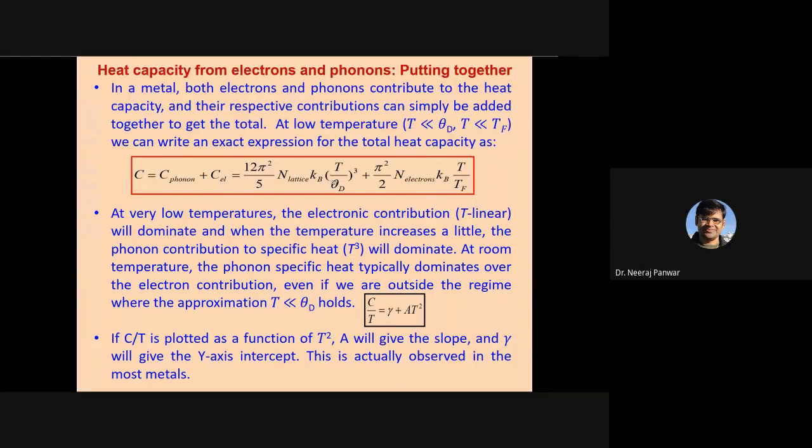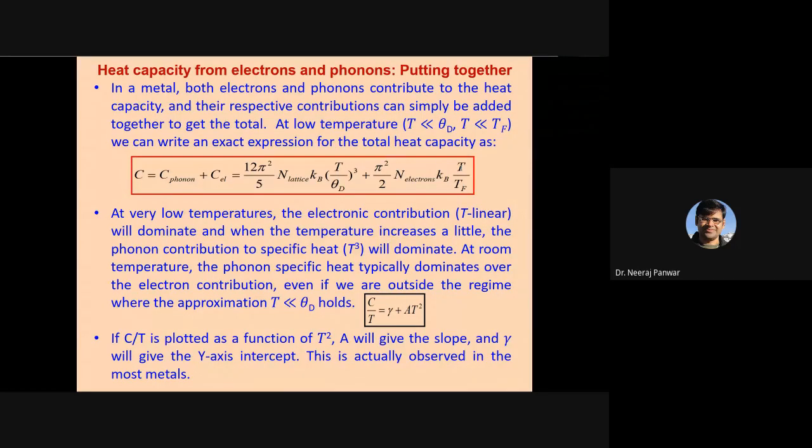And we see the first expression has a T cube term. So this is the Debye expression for the specific heat of ions or atoms. And this is the second expression that we have just derived. The ionic contribution to the specific heat is proportional to T cube, whereas the electronic contribution to the specific heat is proportional to T.